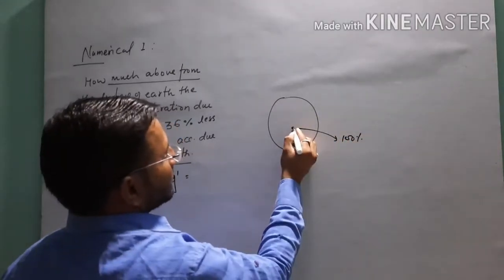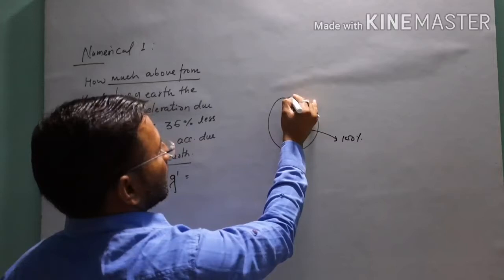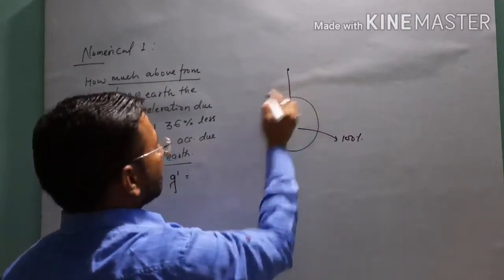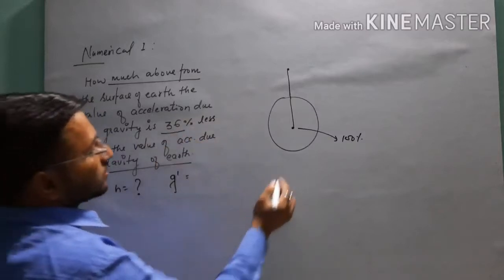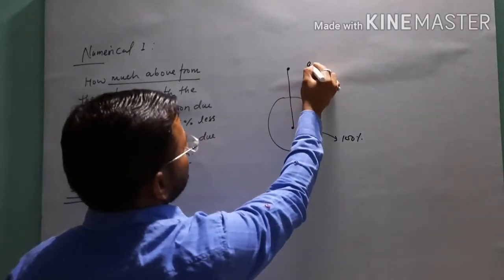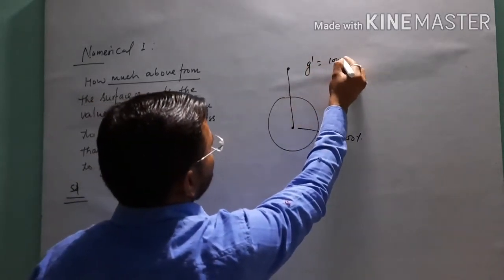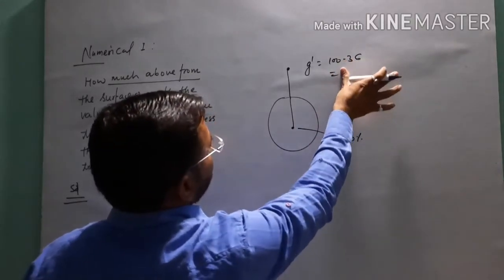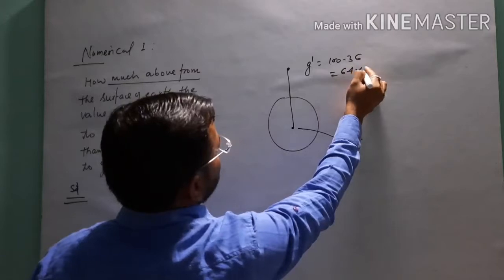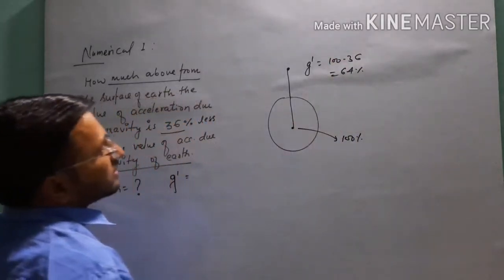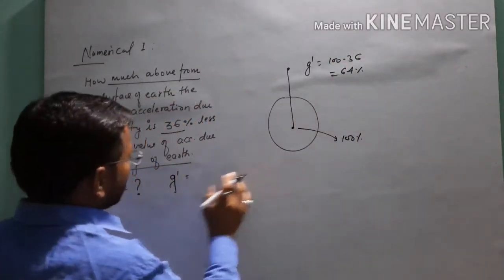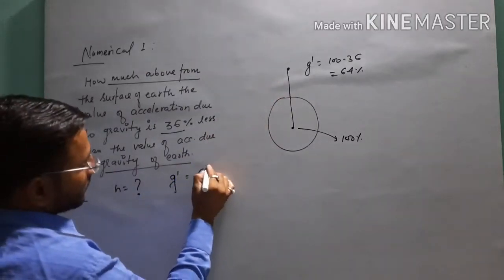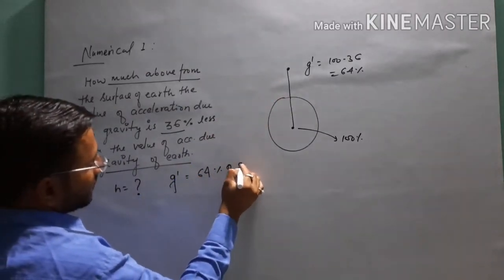Point clear? And he said that at height h, the value of g reduced by 36%. So what will be the remaining value of g dash here? According to the question, 100 minus 36, and it will be 64%. Point clear? 64% is the value of small g at height h. It is 64% of g.